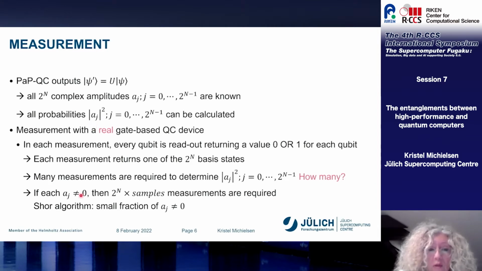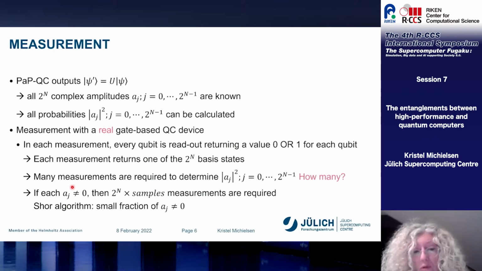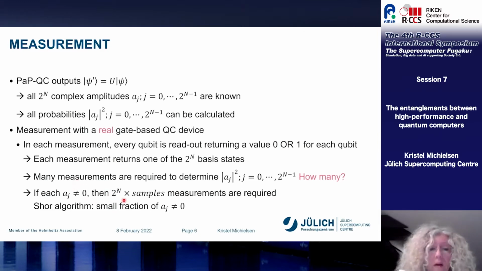Now, if we assume that each of these amplitudes would be different from 0, then we need 2 to the power n times a certain amount of samples to get good statistical information. Measurements are required. And then you can already see this is exponentially growing.